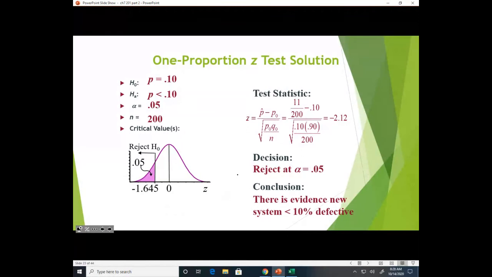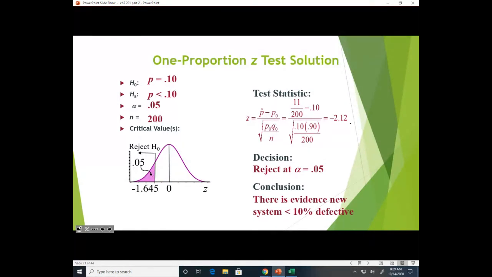So our null hypothesis was that p was equal to 0.1. Our alternative was that p was less than 0.1, at alpha 0.05, and our sample size was 200. We calculated our critical value, 1.645.